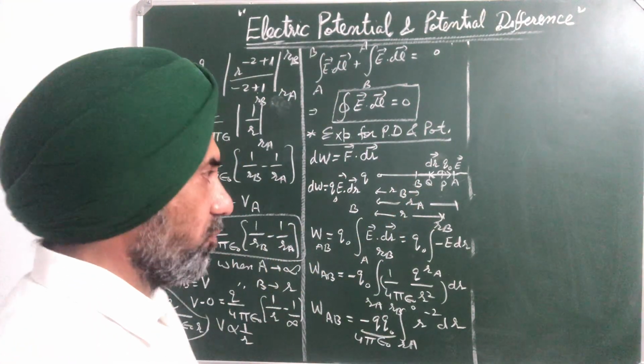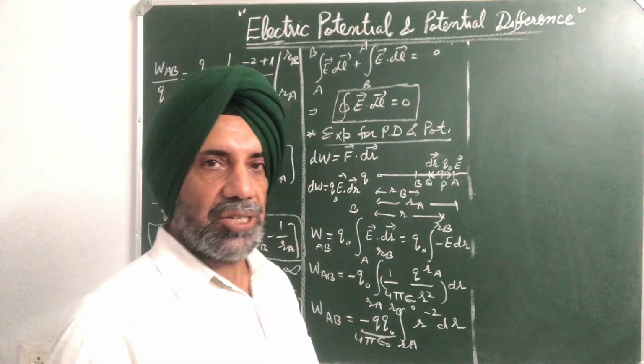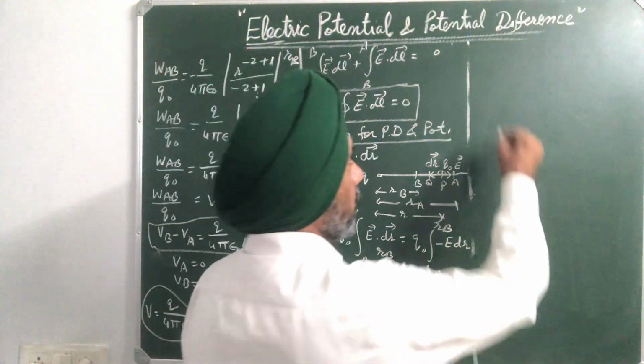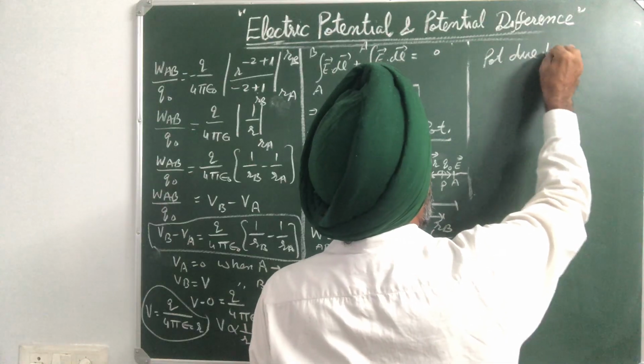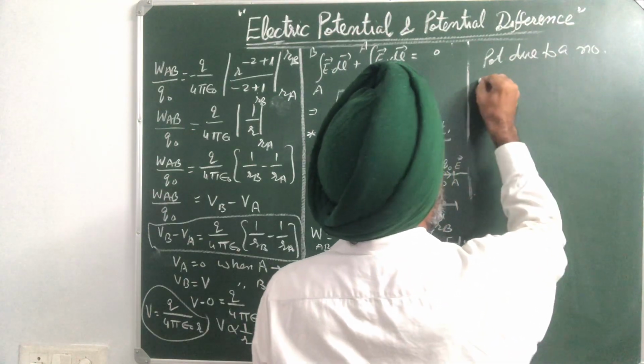Now let us find the expression for electric potential due to a number of point charges. Potential due to a number of point charges.